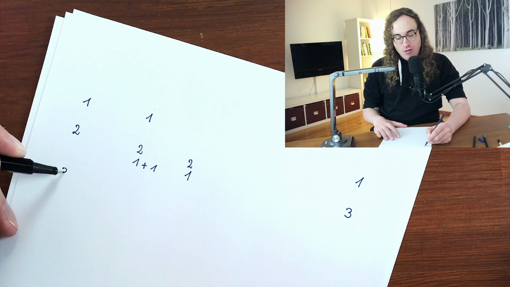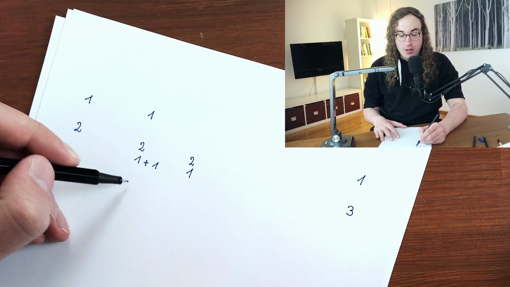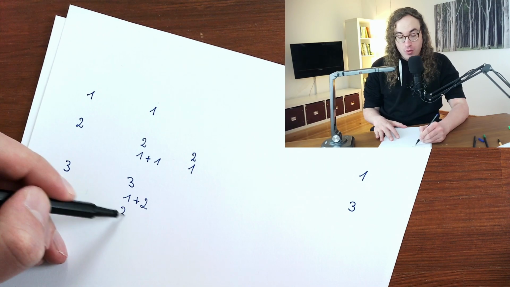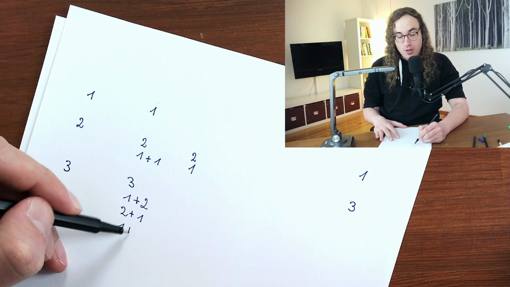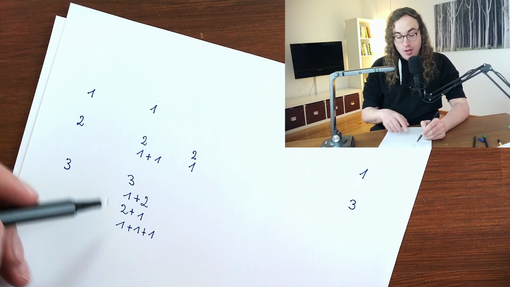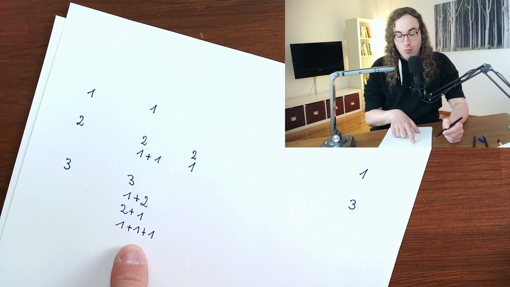Okay, now 3. How many ways are there to write this as a sum of positive integers? Well, I can just write 3, or I can write 1 plus 2, or 2 plus 1, or 1 plus 1 plus 1. These are all the ways. So remember the rule. Now I have all these sums, but I ignore that. Instead, I multiply the numbers.